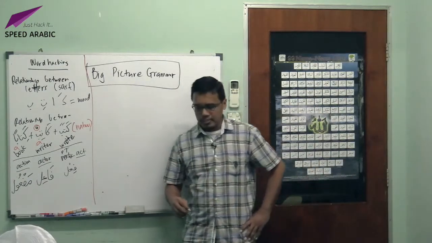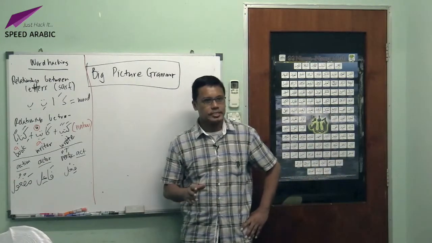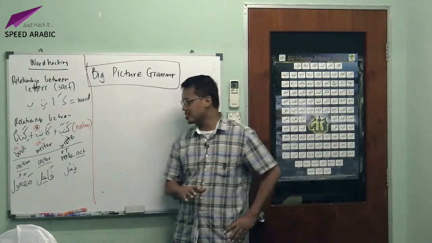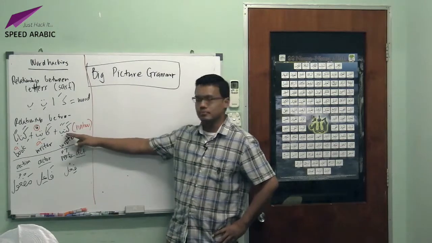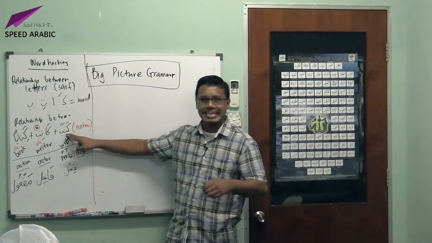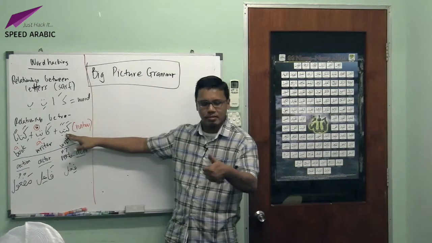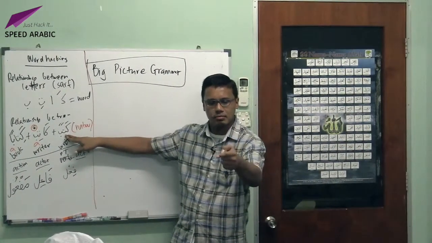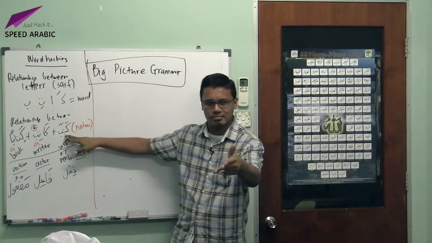In traditional Arabic language learning, when you learn grammar, you have to say that kataba is a verb. And what is the case? And what is the indication? And what is the function?